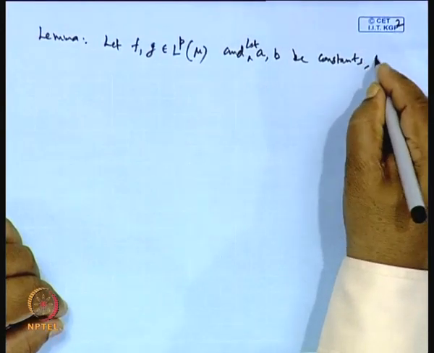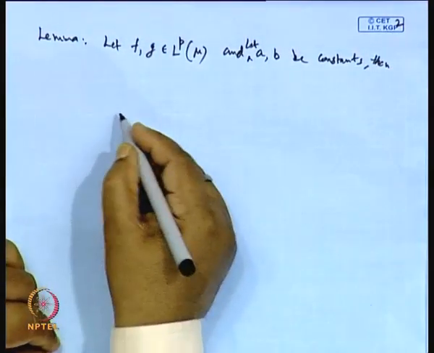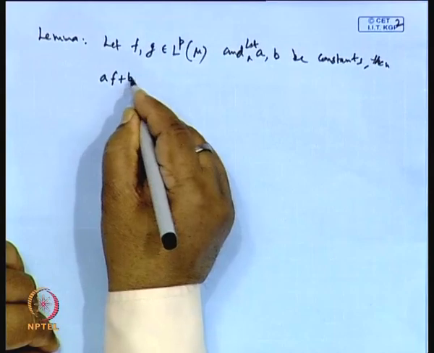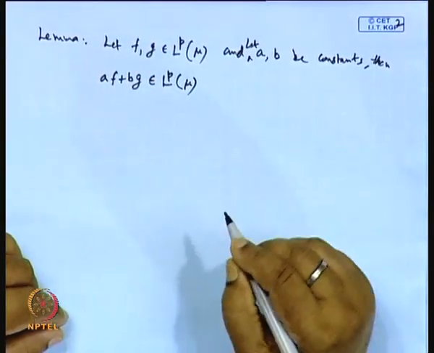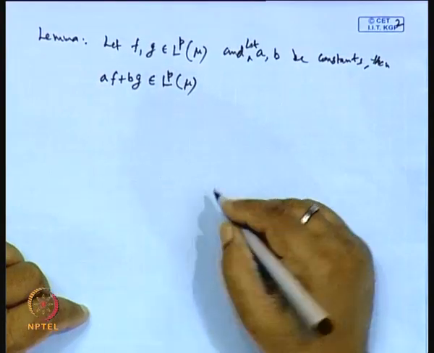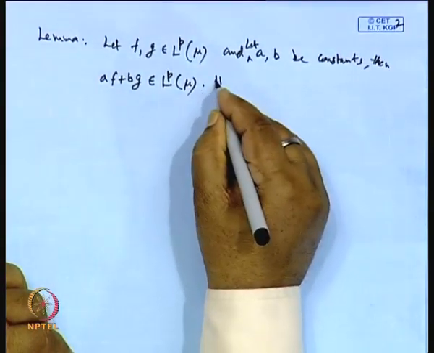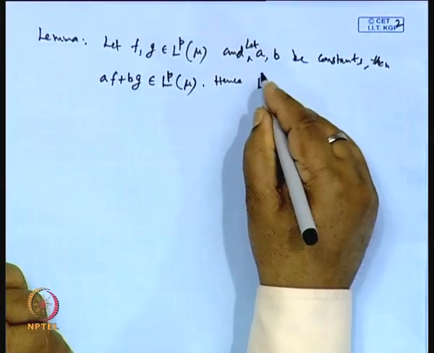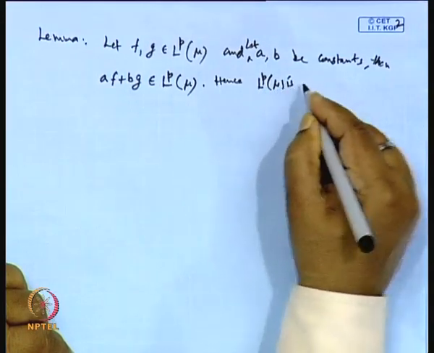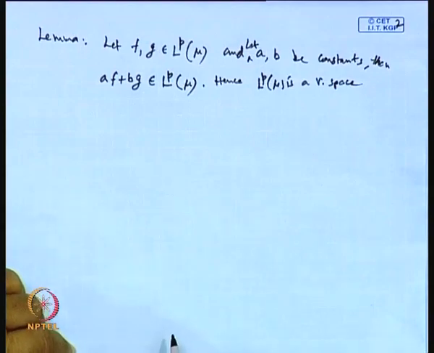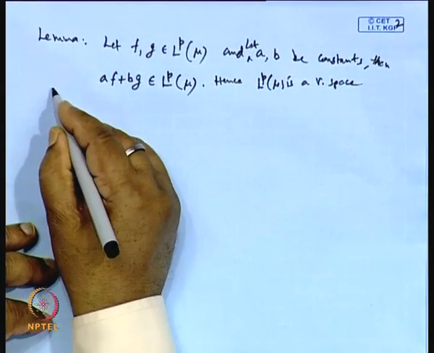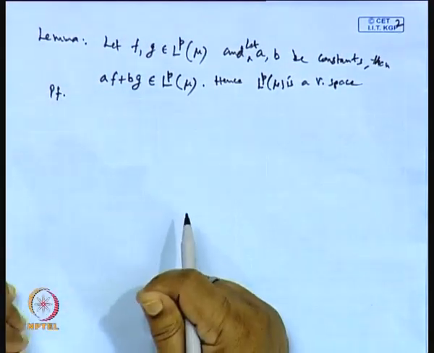Then a f plus b g belongs to LP(mu). Hence, as a consequence, we can say capital LP(mu) is a vector space, a linear space. The proof is very simple.